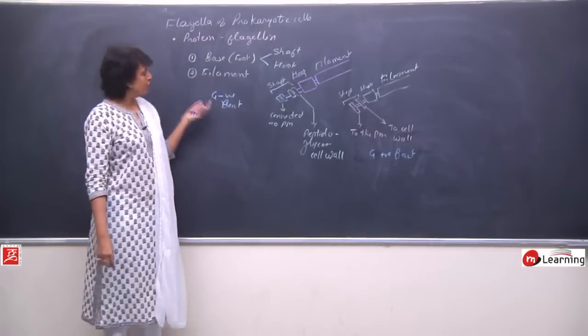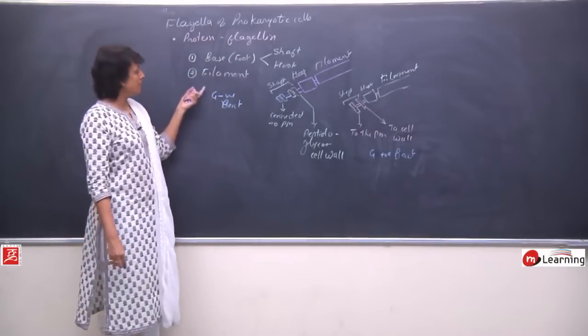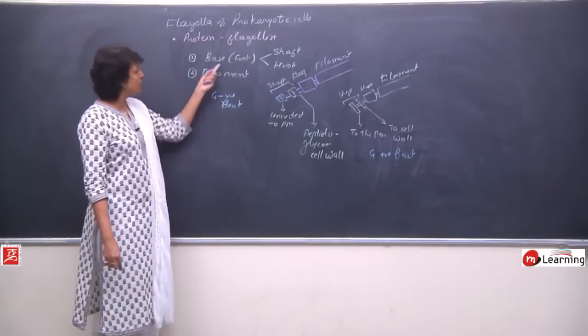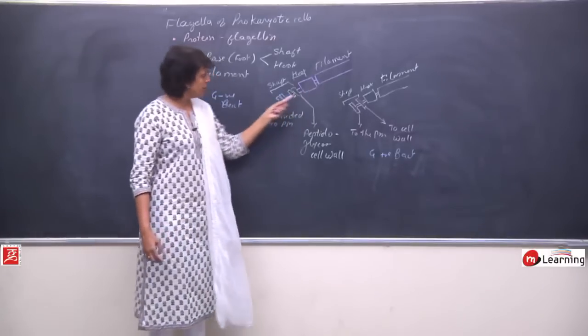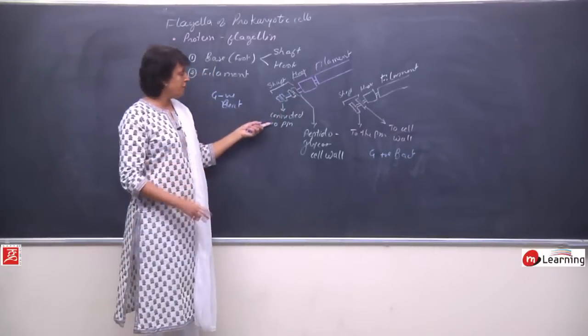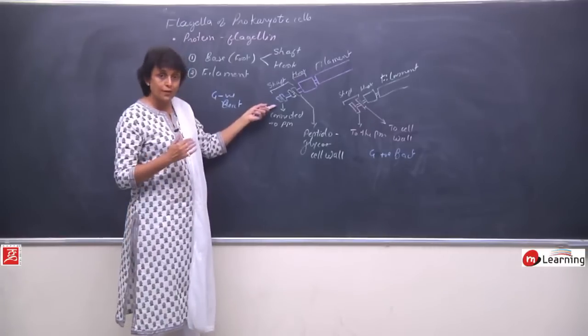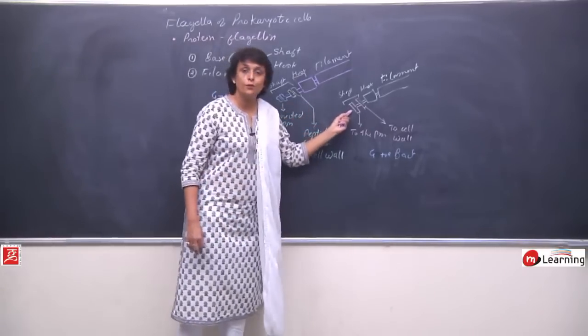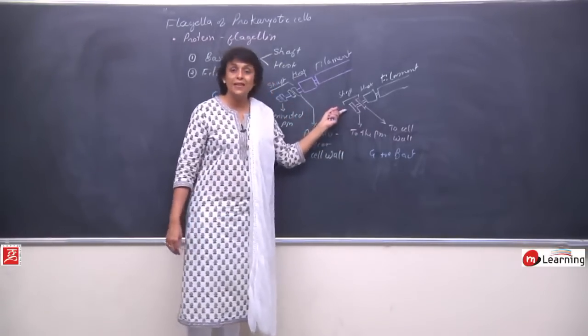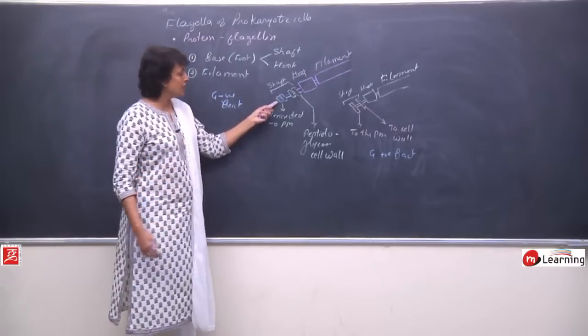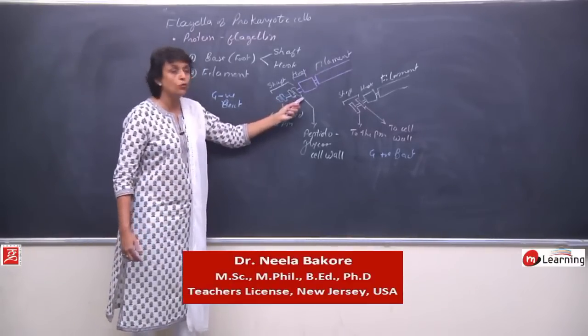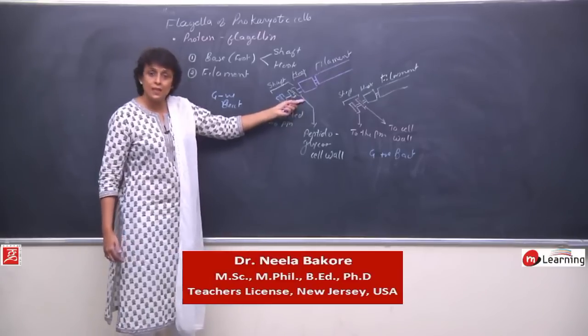So the protein which makes the flagellum of prokaryotes is a simple protein, flagellin. We don't see 9+2 arrangement. The difference in the structure is that the shaft of negative bacterium has 4 discs, and the shaft of gram-positive has only 2 discs. The lowest disc or the innermost disc is attached to the plasma membrane, and the outermost is attached to the cell wall.